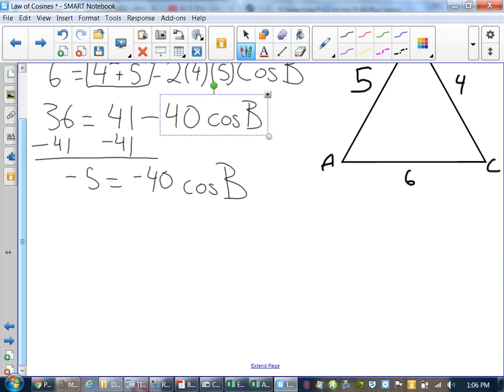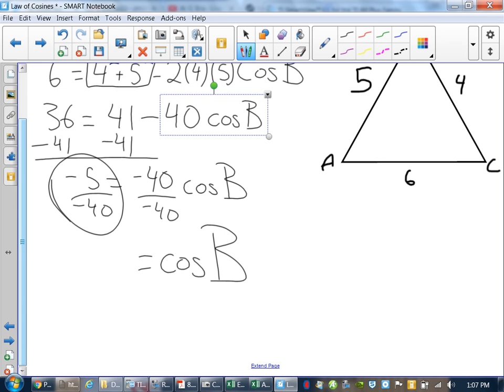How do you undo multiply there? Divide. Same process. Now this fraction equals the cosine of angle B. Whenever you're trying to find an angle, what button do you have to press on the calculator? Inverse.